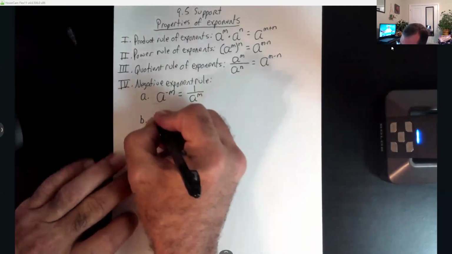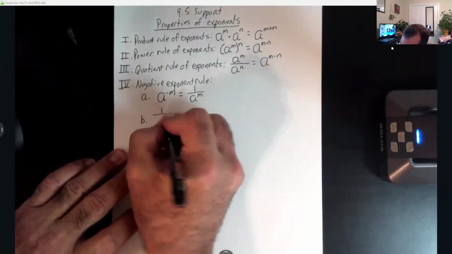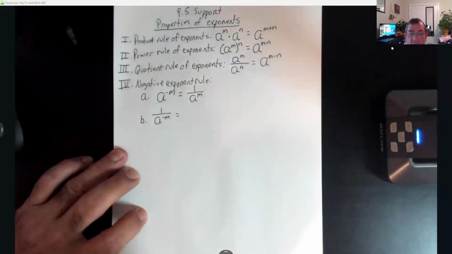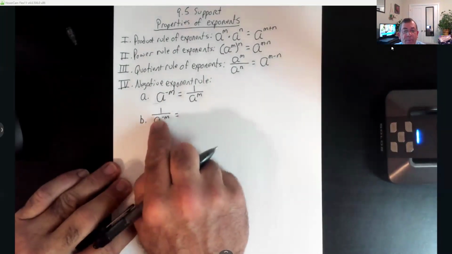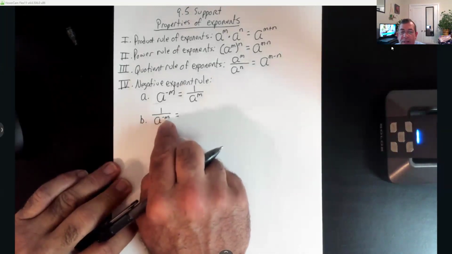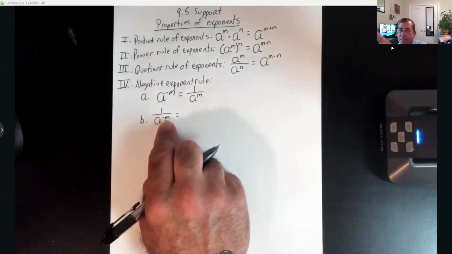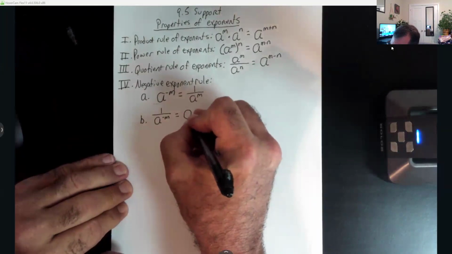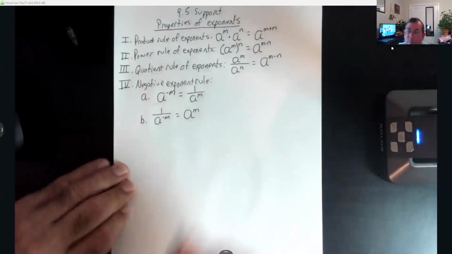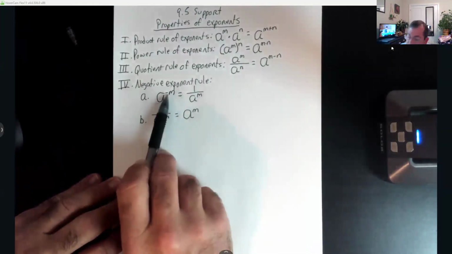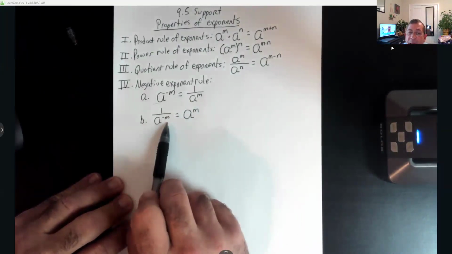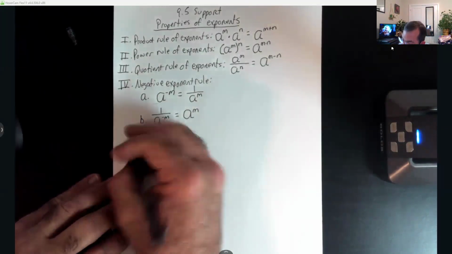Now, the second case is what if the variable is on bottom with a negative exponent? So if the exponent is in bottom of the fraction and it's negative, I'm still going to flip it. And by flipping it, it makes the exponent positive so that this gives me a to the positive m. So basically, moving an exponent down will change its sign. Moving a negative exponent up will change its sign.